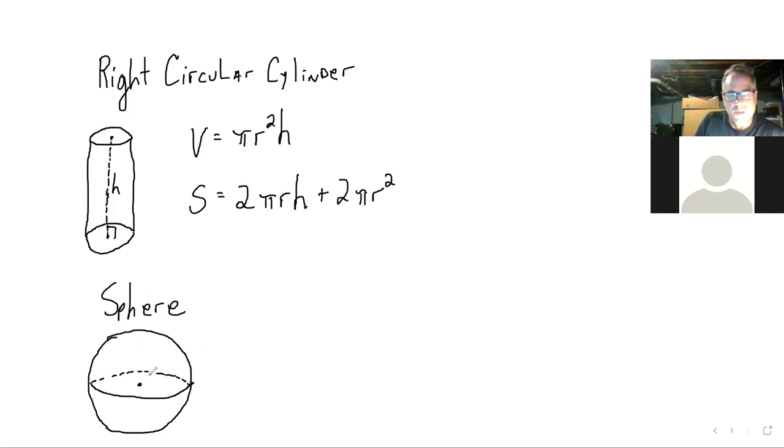Now, in the middle, a sphere, defined much like a circle, is a set of points in space that are all equidistant from some fixed point, the center of the sphere. So that going out to any one point on the sphere, this distance will be the same, which that distance we'll call its radius. All right, so we want to look at the volume and surface area of said sphere.